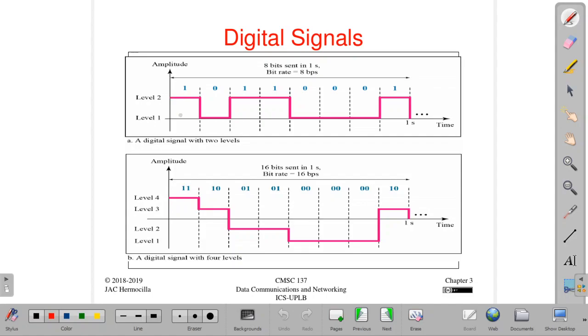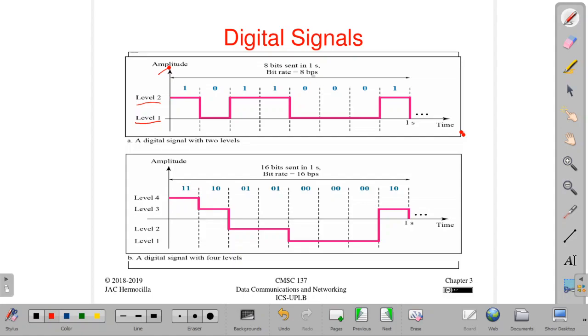So considering this scenario, this figure, on the y-axis we have the amplitude, and the amplitude there are two levels, level 1 and level 2. And the x-axis is time. So normally digital signals are non-periodic.